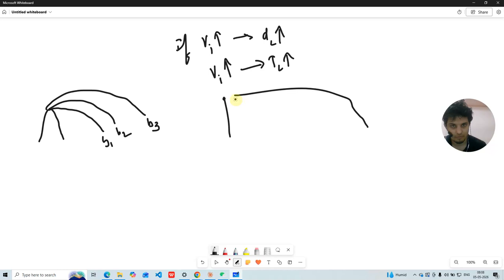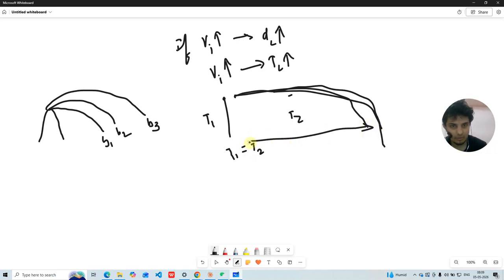And the time of flight and time of fall, T1 and T2, are equal. T1 equals T2. And this distance, let's say, is 20 meters.